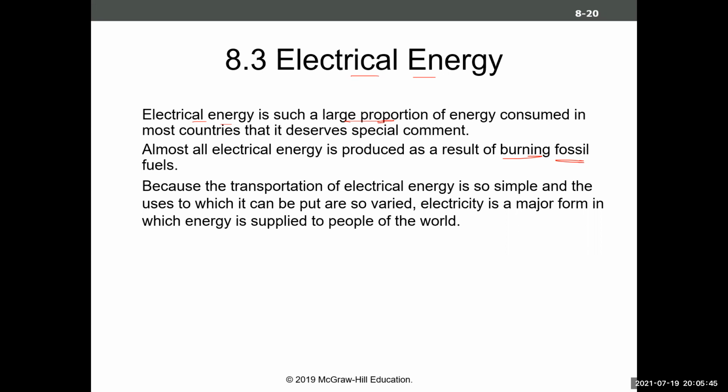And that electrical energy can be transported via a current through some sort of grid, a transportation network, right? It's actually relatively simple to transport this electrical energy, and you can get it to large places around the globe.